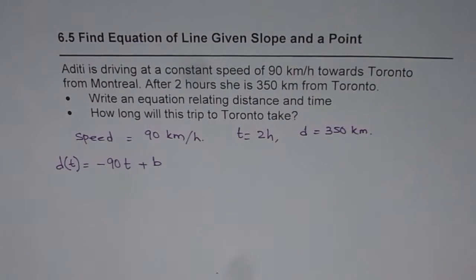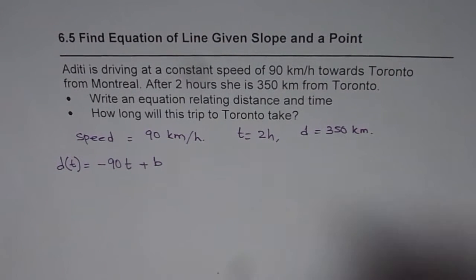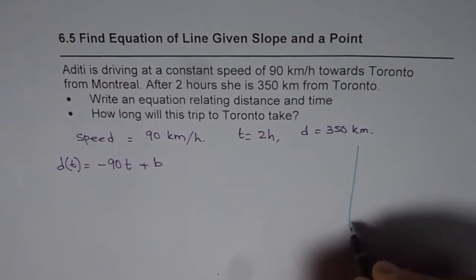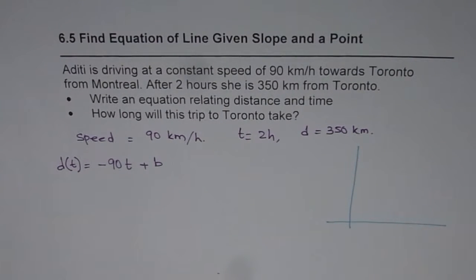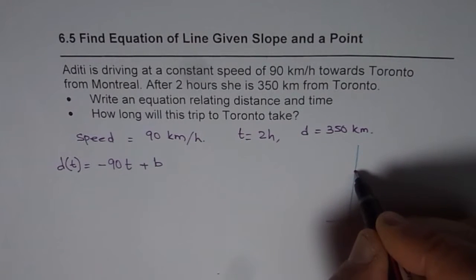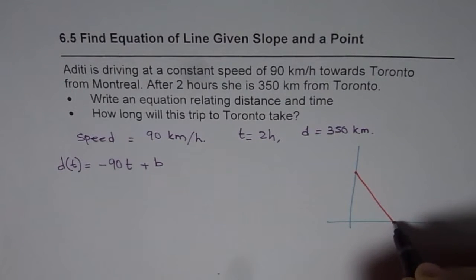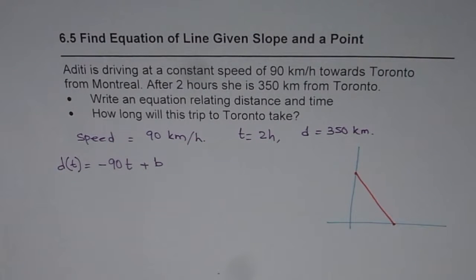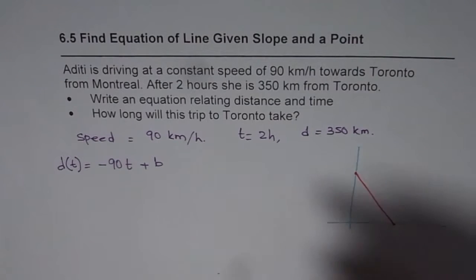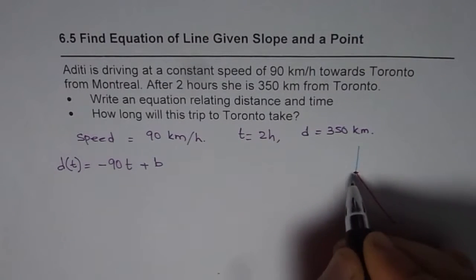To explain this, here's the graph. In this graph, the situation is that Aditi has started from Montreal and she's driving towards Toronto like this, right? So initially she is so much away.